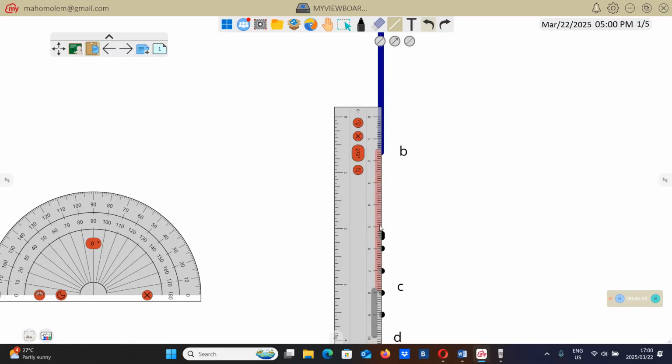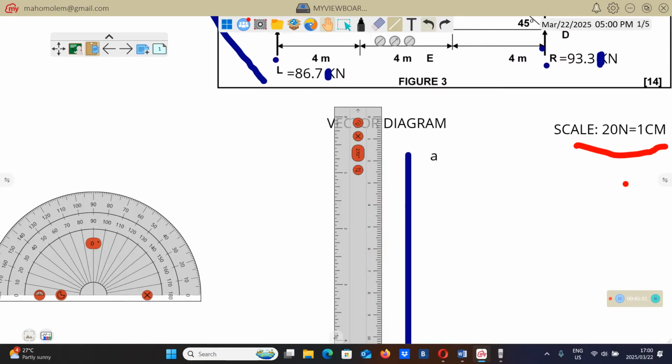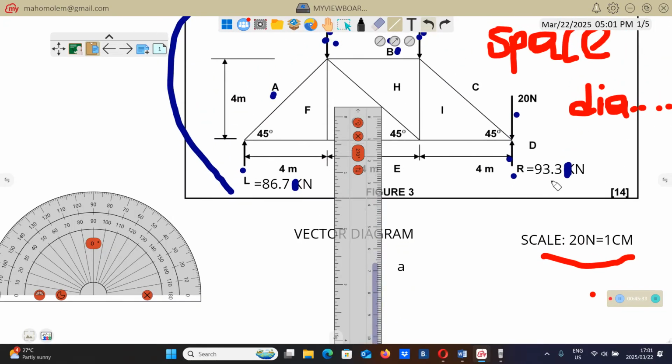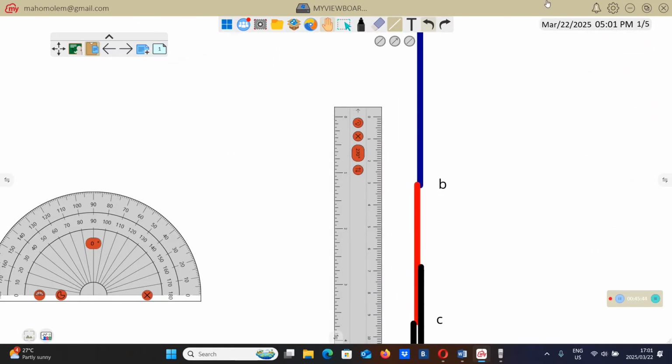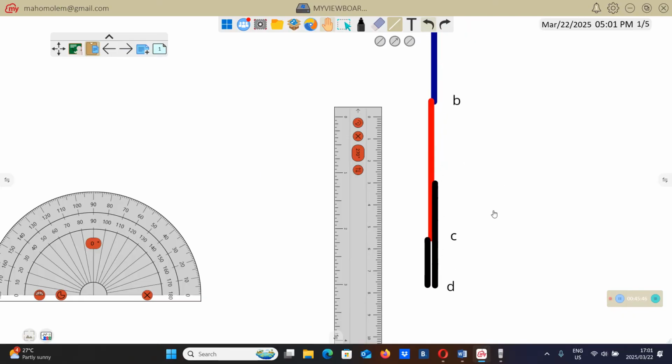So from D to there. Where this line ends, remember this line that I've just drawn represents this upward force of 93. This upward force is between D and E. Therefore, that upward line we're going to call it DE.